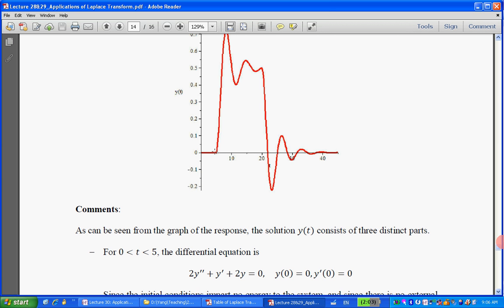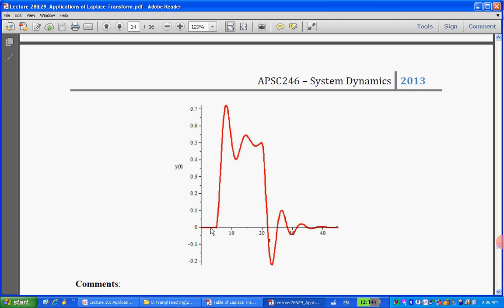It's all 0. At t equal to 5, there is a jump of the input from 0 to 1. Then the system starts to behave based on this new input. The system behaves with oscillation. If there's oscillation, remember, what do we call this kind of system?